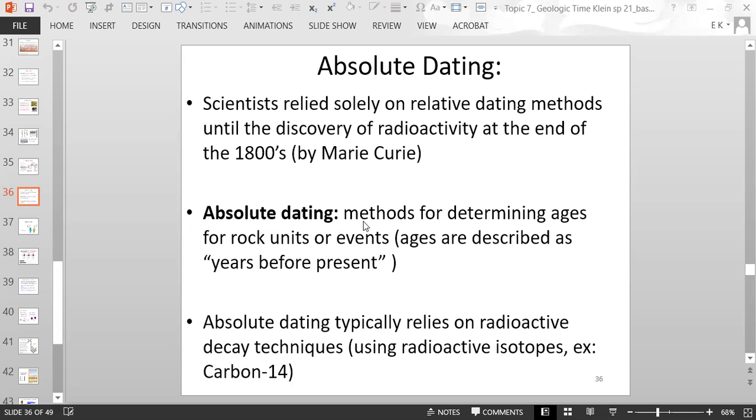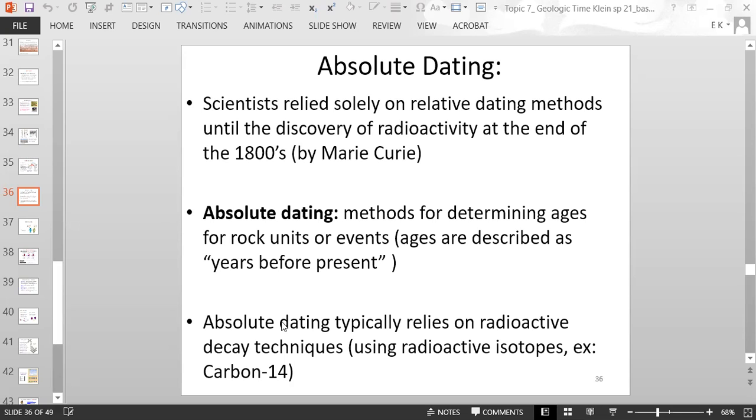Absolute dating includes methods for determining the actual ages for rock units or ages of events, like volcanic eruptions, for example, ancient volcanic eruptions. And then you describe those ages as years before present.